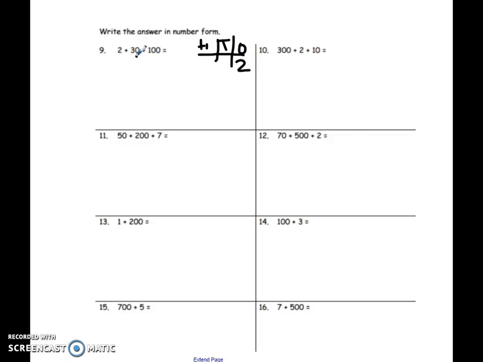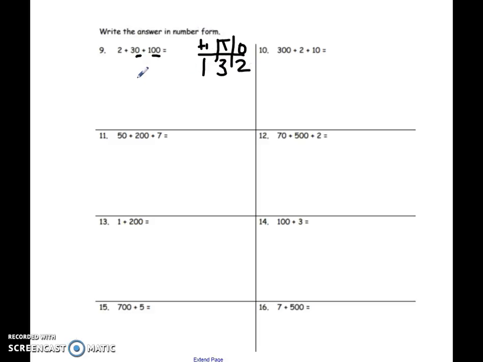Next, I have a 30. 30 has 1 zero in it, so it's a 10, so I'm going to place a 3 in the tens column. And then here I have 100. 100 has 2 zeros, it goes in the hundreds column, so I'm going to place a 1 in the hundreds. So my number in standard form or number form is 132.